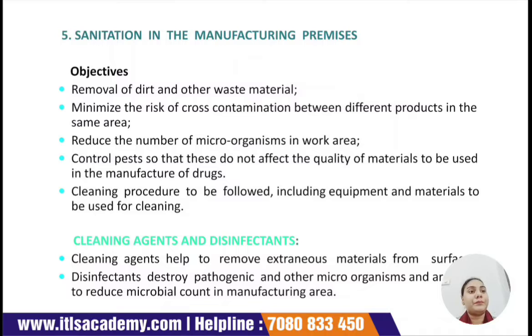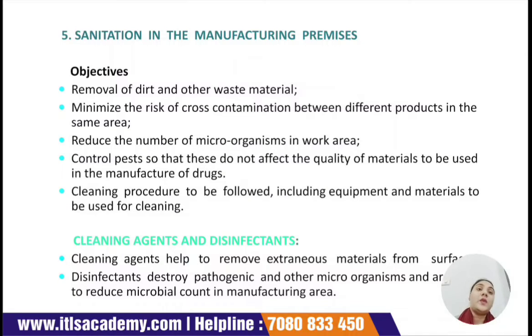Now coming to the sanitization in manufacturing premises. In my previous lecture I already told you that the premises, meaning the area where the plant actually is, should be properly sanitized, meaning the area should be free from any source of microbial contamination. Why do I say microbial contamination? Because microorganisms play a very important role in contaminating a particular product.